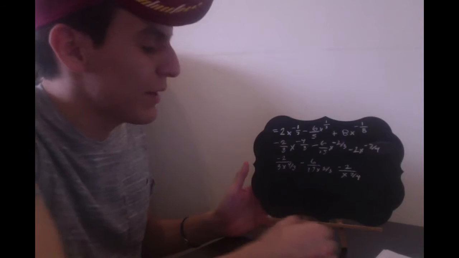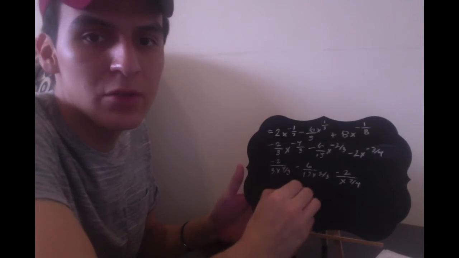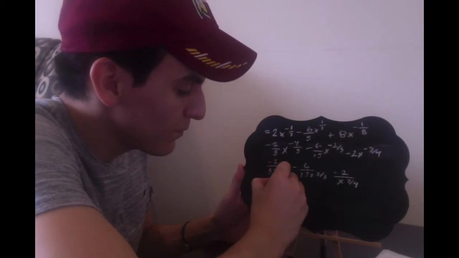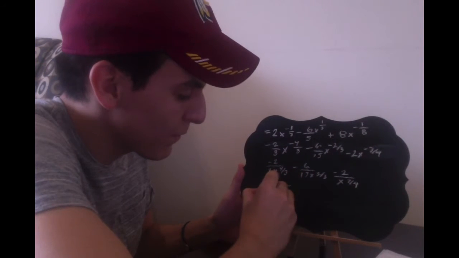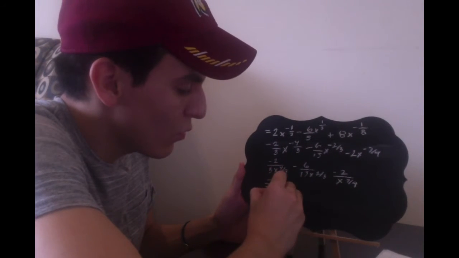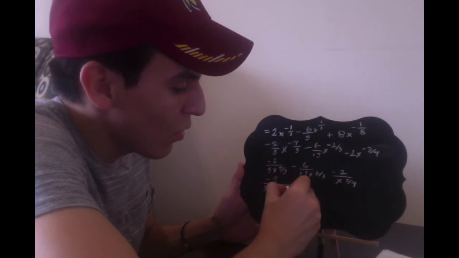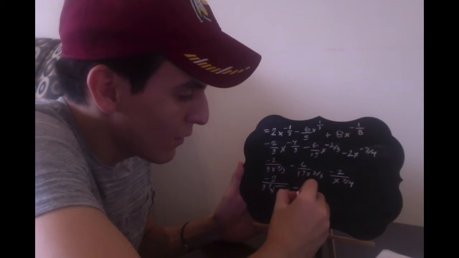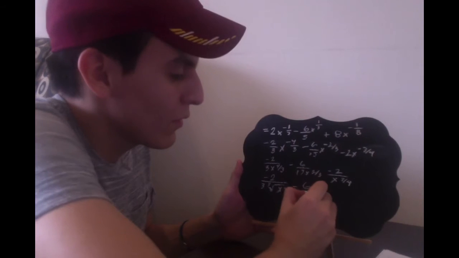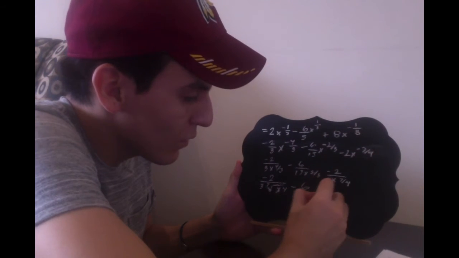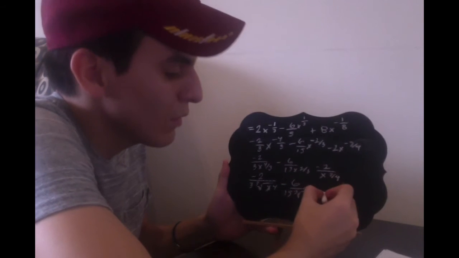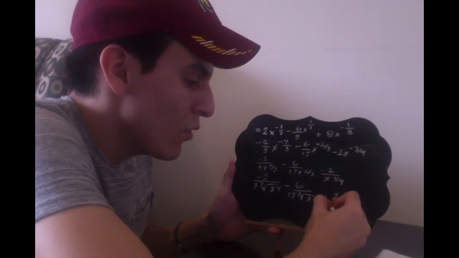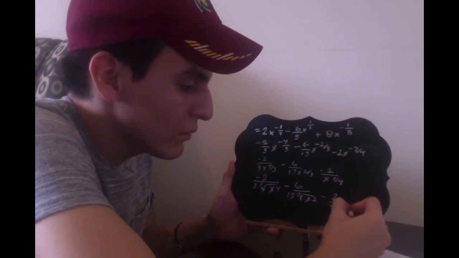After all these steps, we are now changing these fractions into roots. So this will change into negative 2 over 3 cube root of x to the power of 4, minus 6 over 15 cube root of x to the power of 2, minus 2 fourth root of x cubed.